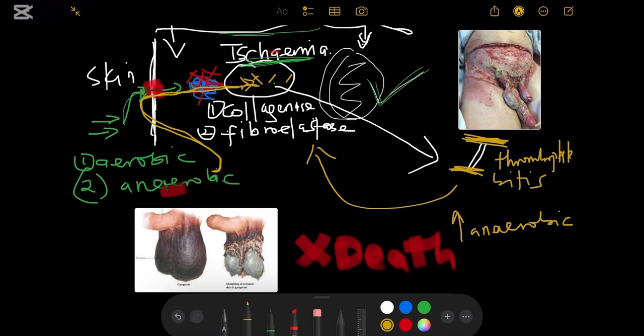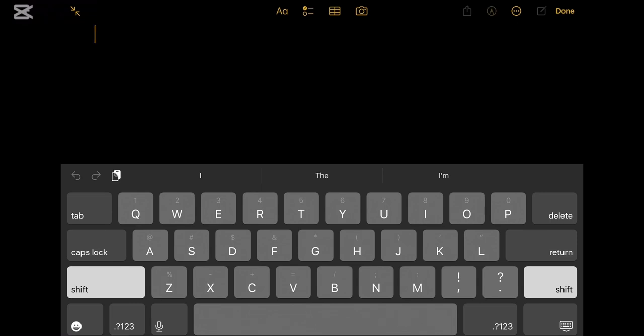Now, when all this occurs, you would see that something very significant of Fournier's gangrene is going to occur, and this is called the putrid smell. All right, so this putrid smell, I'm going to tell you how it happens. So of course, anaerobic organisms break down a lot of things.